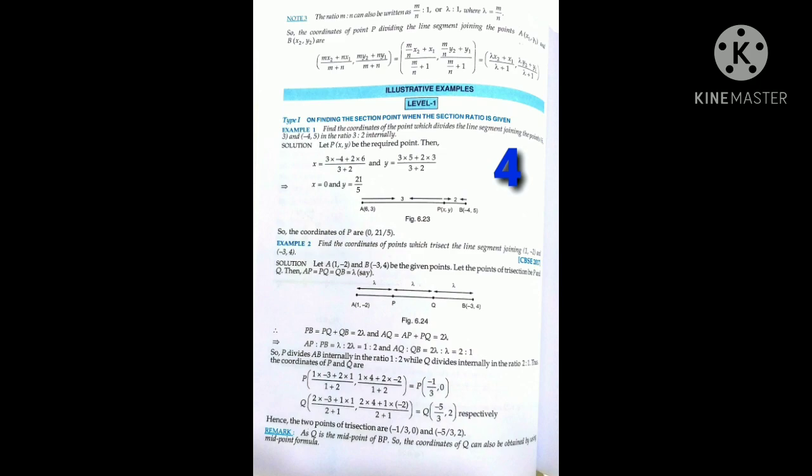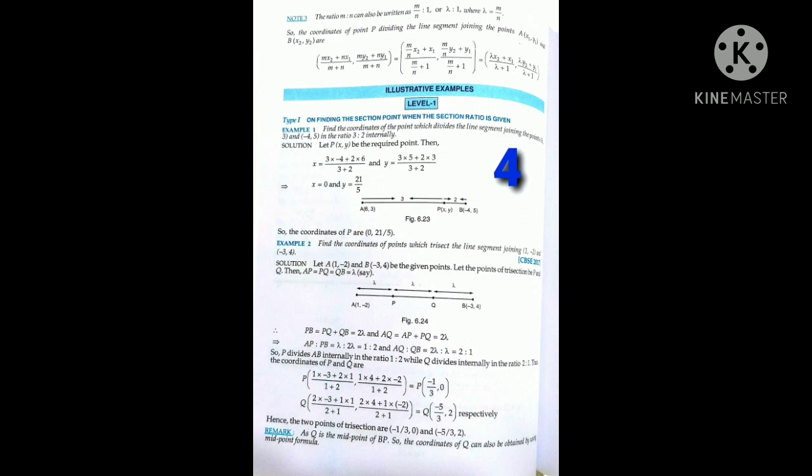So we can easily use the section formula and find the coordinates of P and Q. We get coordinates of point P as (-1/3, 0), and the coordinates of point Q as (-5/3, 2). So these are the 2 points of trisection which will divide AB into 3 equal parts.